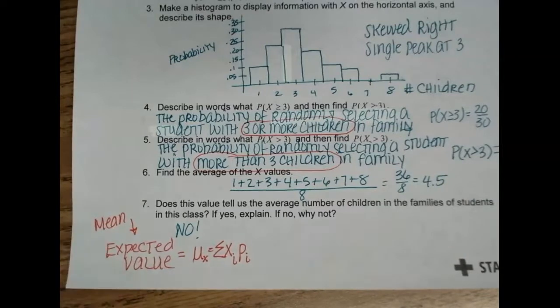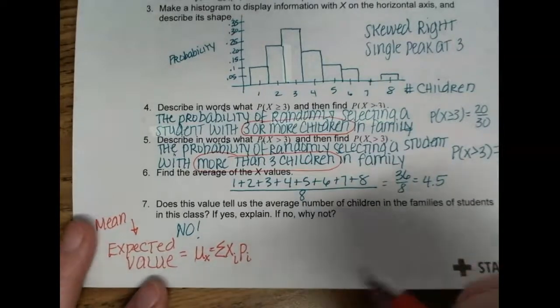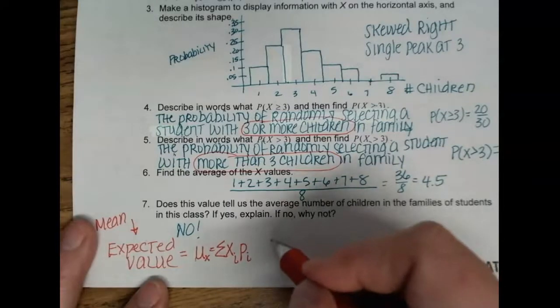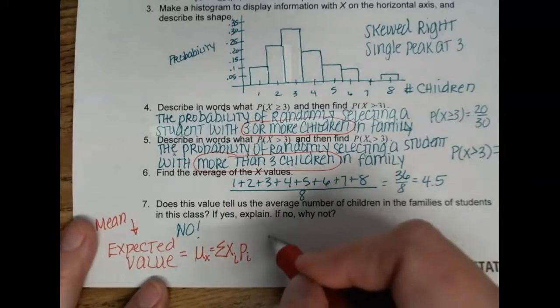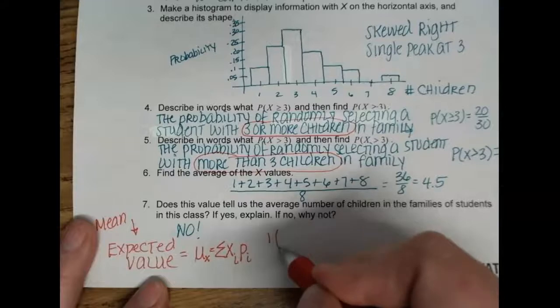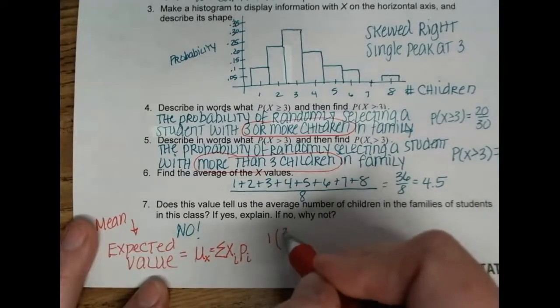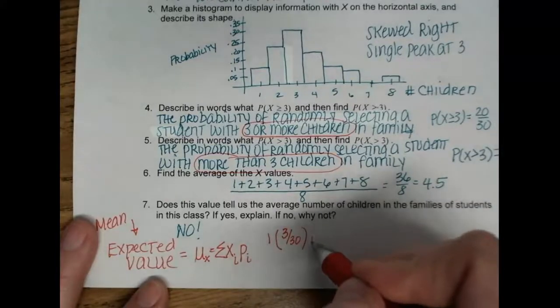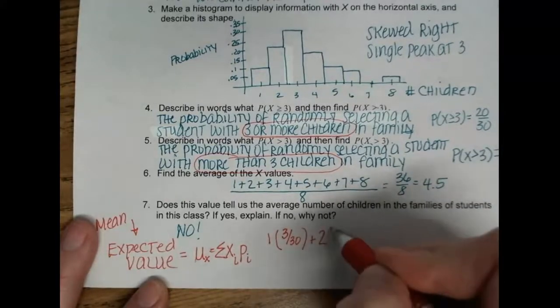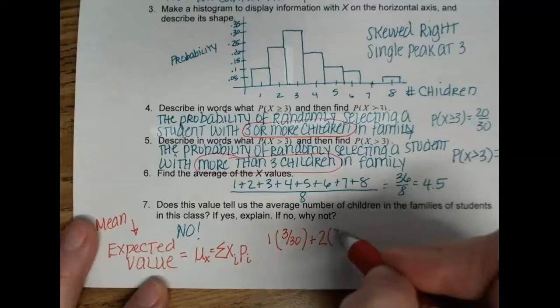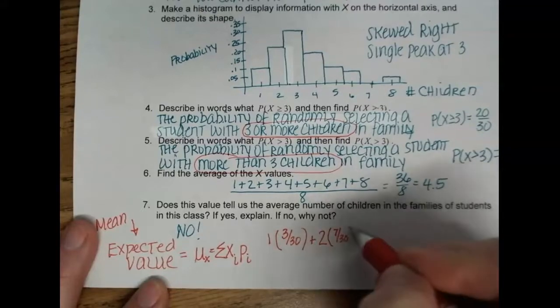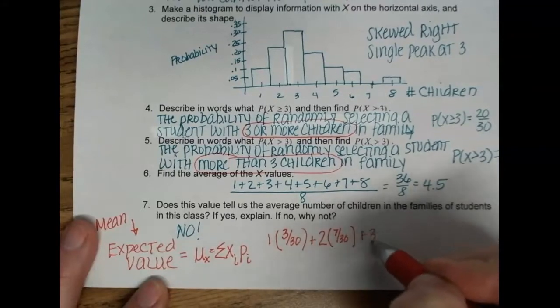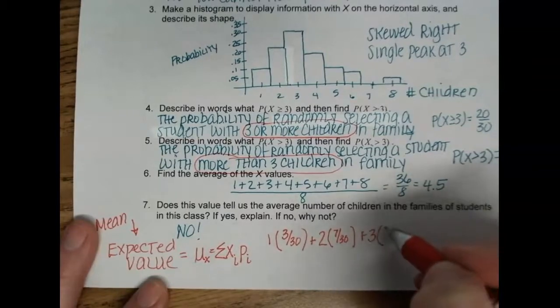So let's look at what this is going to look like. We have a random variable x of 1, and the probability of one child was 3 out of 30, plus a random variable 2, and the probability of 2 children was 7 out of 30, plus 3 times 9 out of 30.